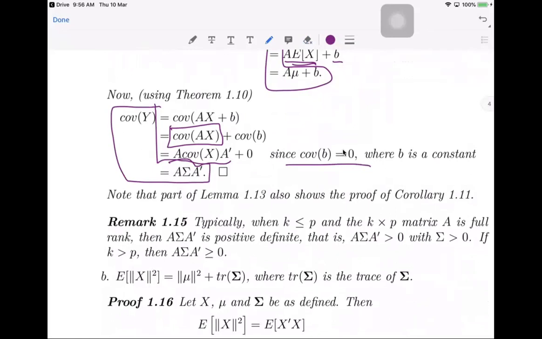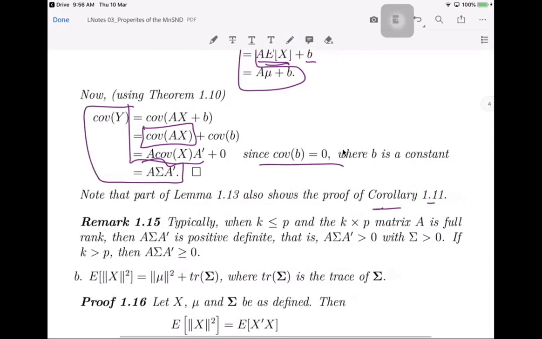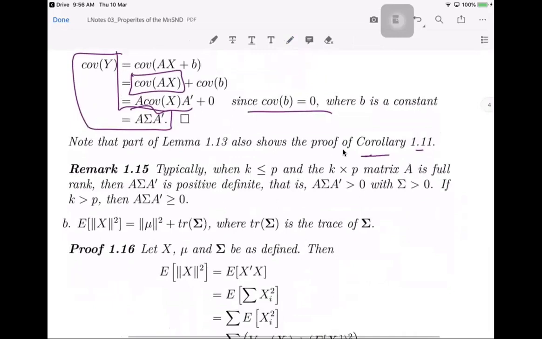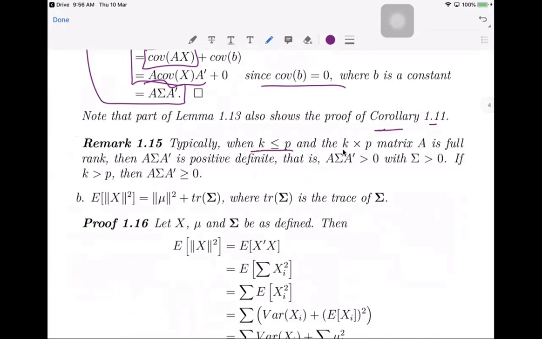So note that this part of the lemma proves the corollary in the previous discussion, corollary 1.11. Okay. So typically, when K is less than or equal to P, and you have a matrix A which is K by P, then we say A is of full rank.